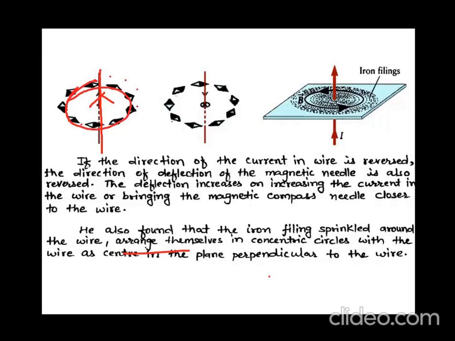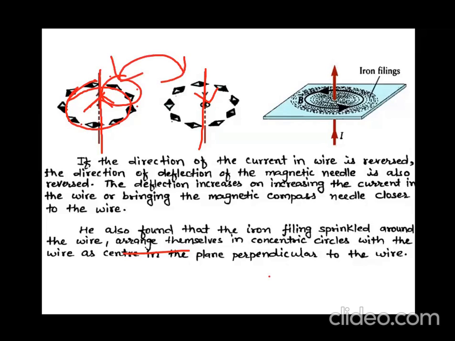On reversing the direction of current in the wire, which was initially moving upward, the direction of deflection of the magnetic compass also got reversed, right? You can see the needles' directions are reversed.